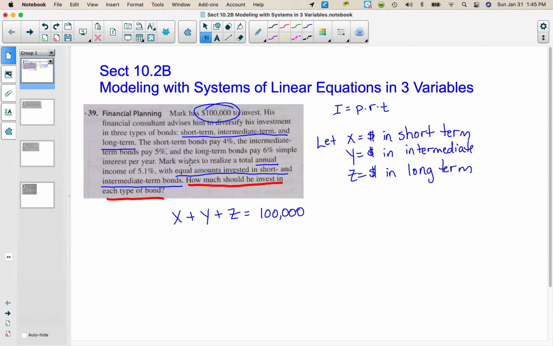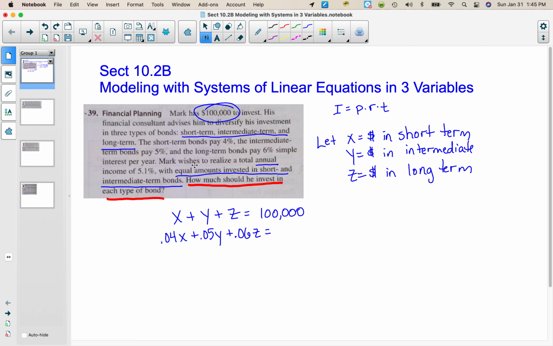Then we're going to have an equation about our percentages. So the short-term bond pays 4% interest, so that's going to be 0.04x. And the intermediate 5%, so 0.05y. And then the long term is 6%, so 0.06z.